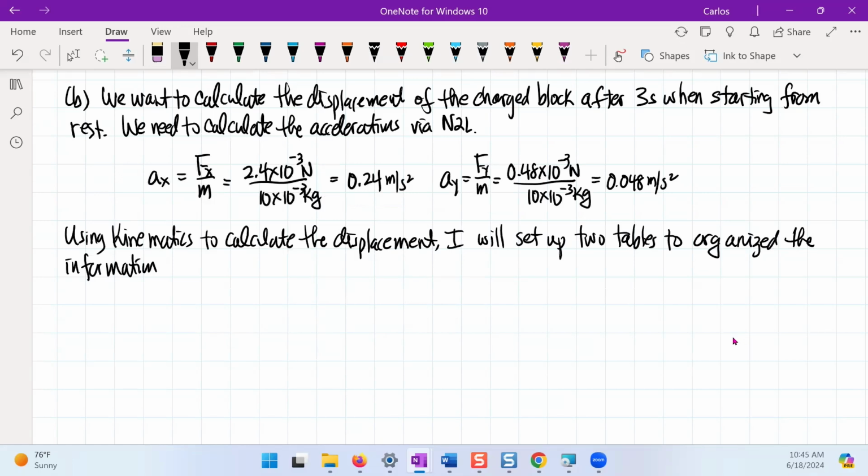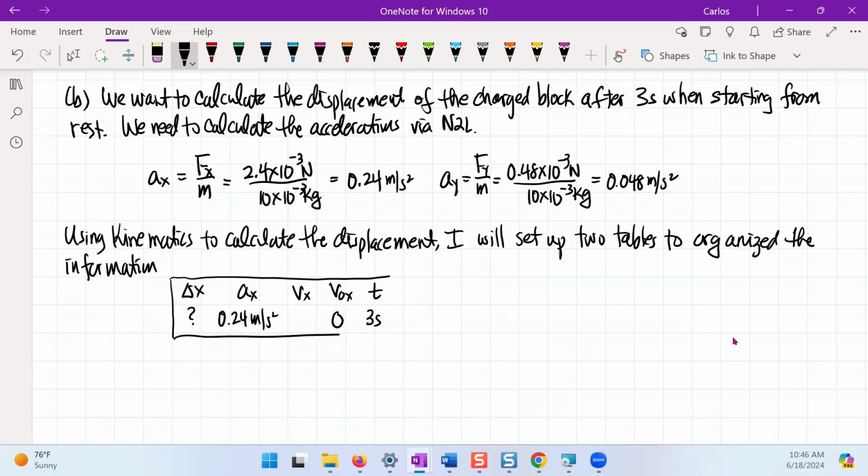So what do I know? I know that this is what we are looking for, delta x. I know the acceleration in the x direction, which was 0.24 meters per second squared. I have the final velocity and the initial velocity, but we know that it's starting from rest, and we're looking for the displacement after 3 seconds.